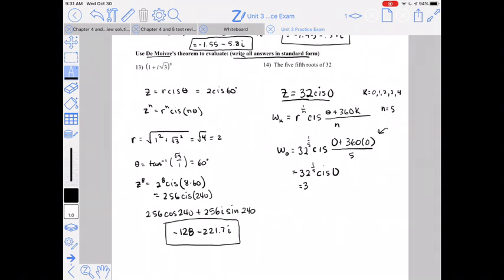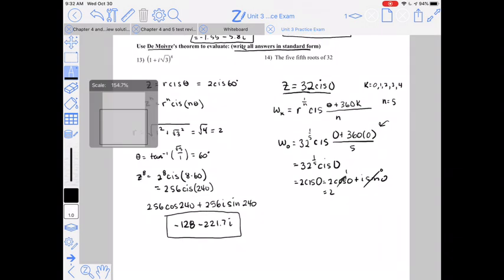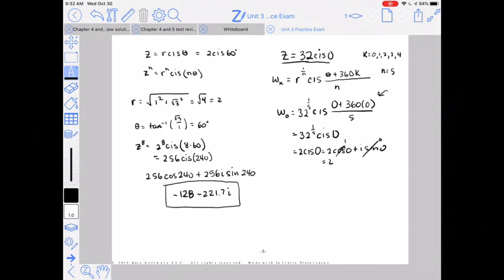So this is 32 to the 1/5, which is 2. And this is cosine 0 plus i sine 0. Sine 0 is 0. Cosine 0 is 1. So we get 2. We just need to repeat this a couple more times for k equals 1, 2, 3, 4.